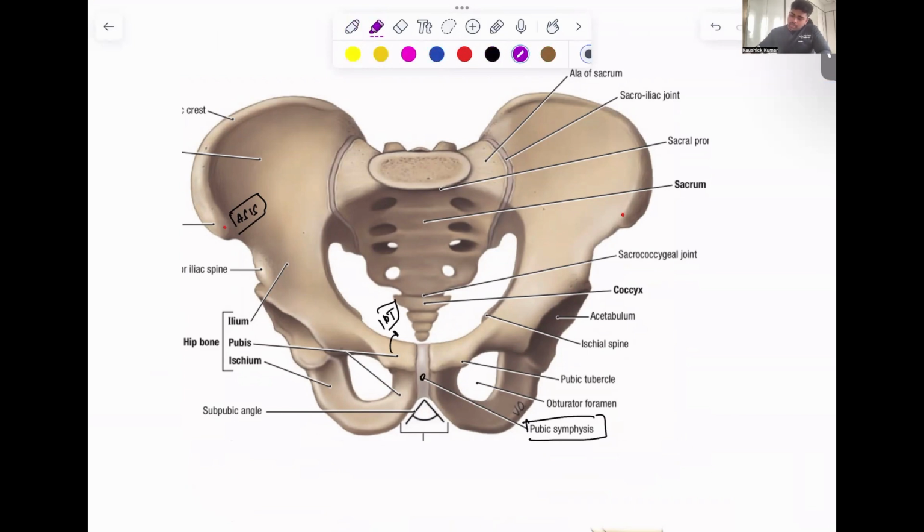So inguinal ligament extends from ASIS to pubic tubercle, and the imaginary line will extend from ASIS to pubic symphysis. And this is the midpoint of inguinal ligament, and somewhere here would be mid-inguinal point. Here you can see midpoint of inguinal ligament is slightly lateral to the mid-inguinal point.